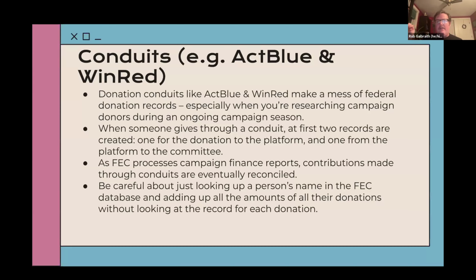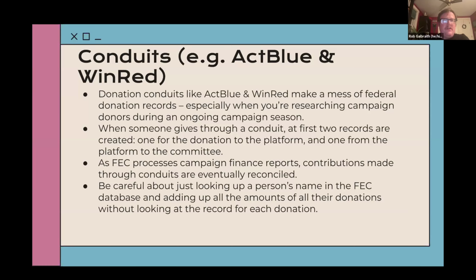This is where you can find the record of the money going to the conduit. So you can find those unique identifier numbers on those report images and match them up in order to filter out the donations that are coming from the person to the conduit.